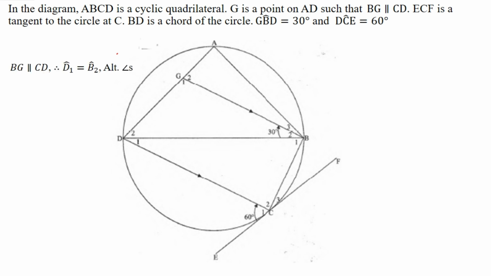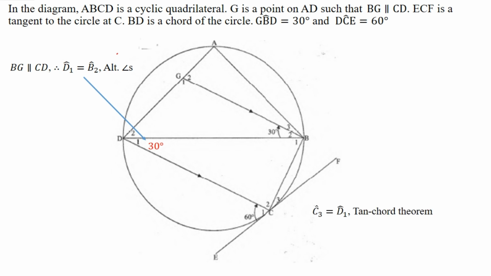Now looking at BG parallel to CD, we can look at two angles there, angle D1 and angle B2. Those angles are alternate angles given that BG is parallel to CD, meaning that the magnitude of angle D1 is 30 degrees.